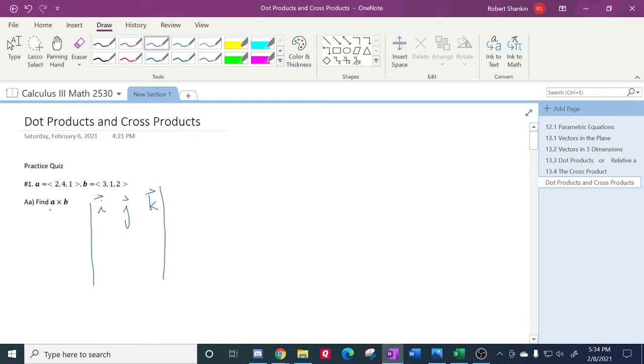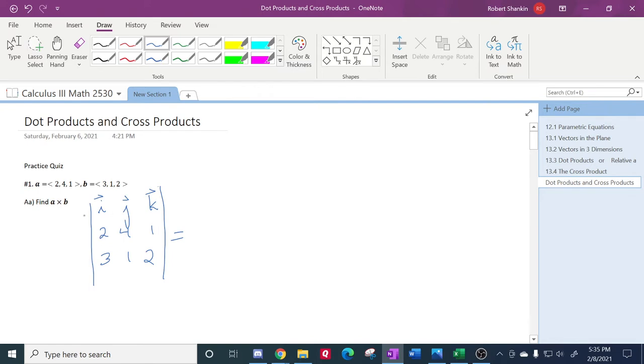The first one must be the first row of these two bottom rows, and the last one is the last row. Normally when you take the determinant, you can go across any row that you choose, as long as you keep in mind that the signs alternate: plus, minus, plus, and so on.